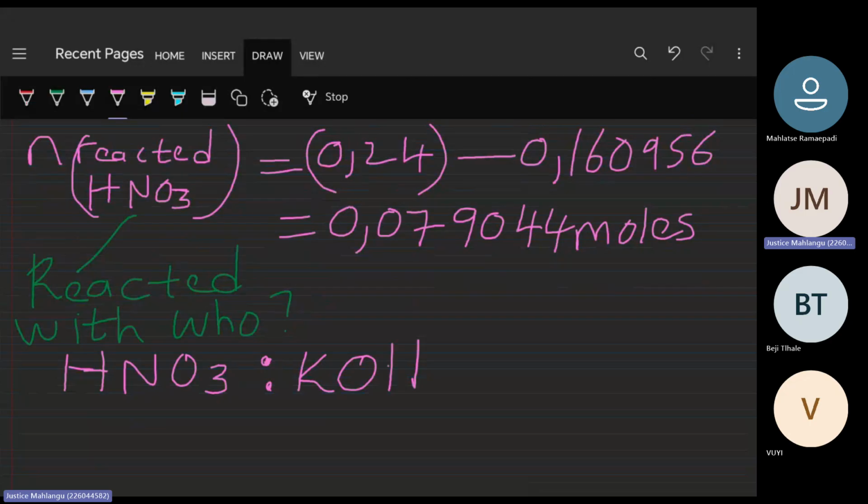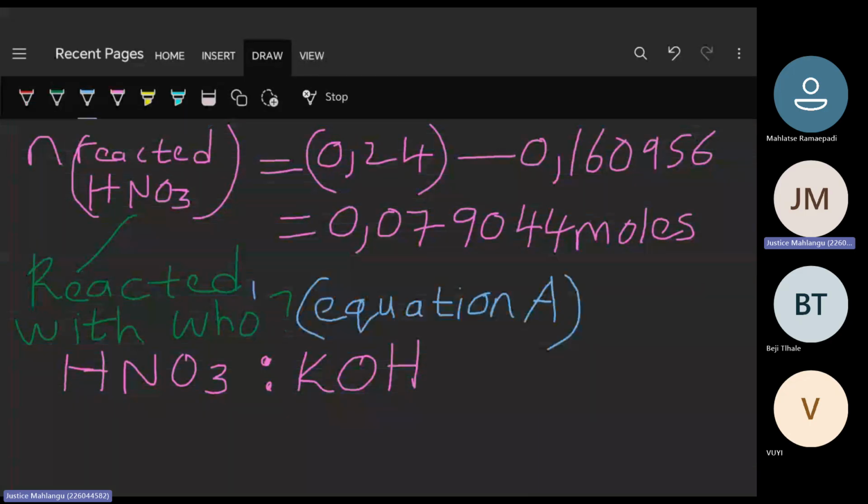So the nitric acid reacts with potassium hydroxide, another name for which is caustic potash. We don't know the number of moles of the potassium hydroxide, but we know the molar ratios. Can you see that it is 1:1?